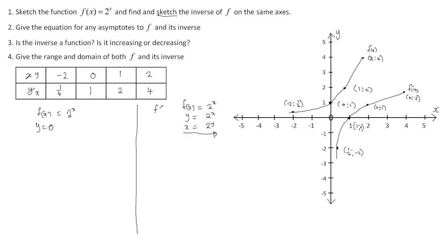That will be the equation of the asymptote for the function itself. If we want to find the asymptote for the inverse, then it will be x is equal to 0. Okay, so that will be the equation for the asymptote for the function, and that will be for the inverse, because here x will be equal to 0.